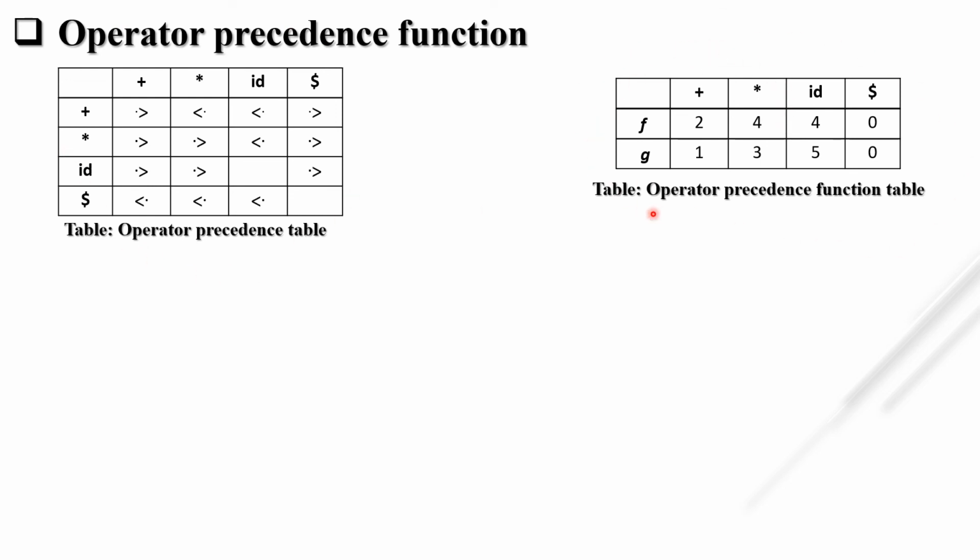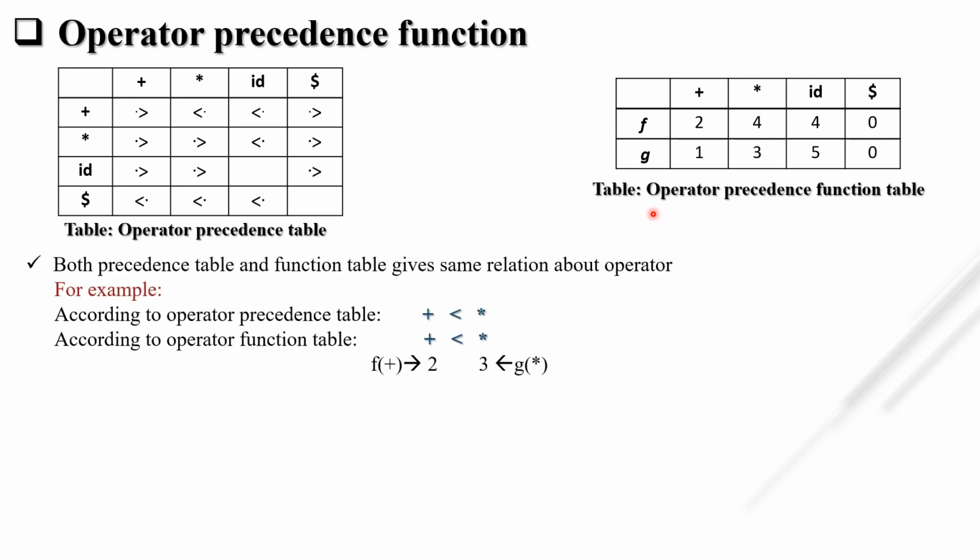Both give the same relation between the operators. For example, according to the operator precedence table, if plus is on the left and multiplication is on the right, what is the precedence? This less than symbol.